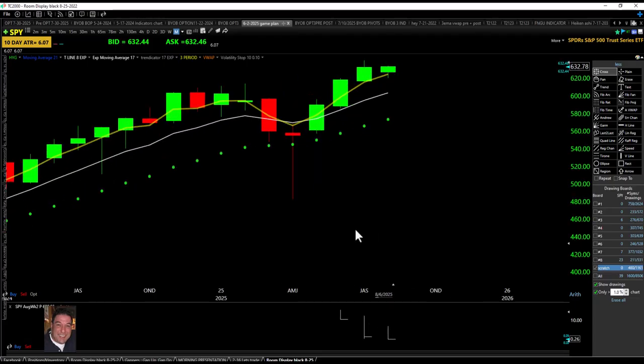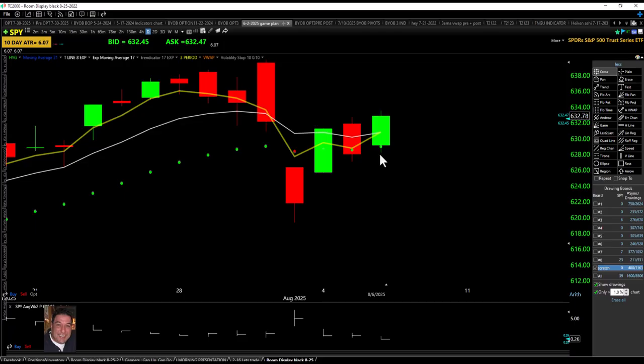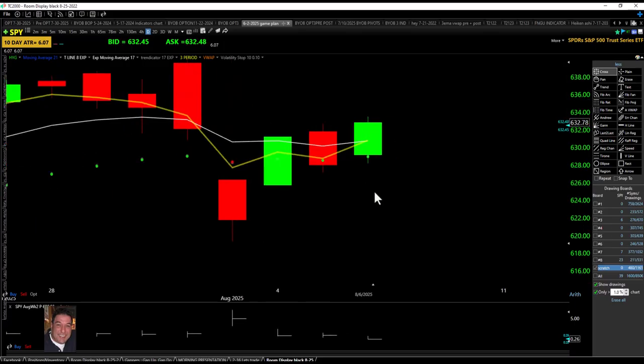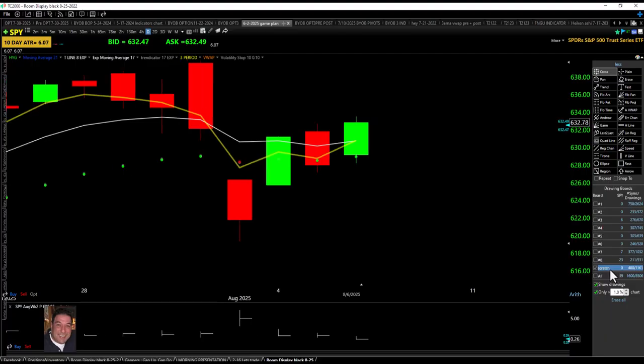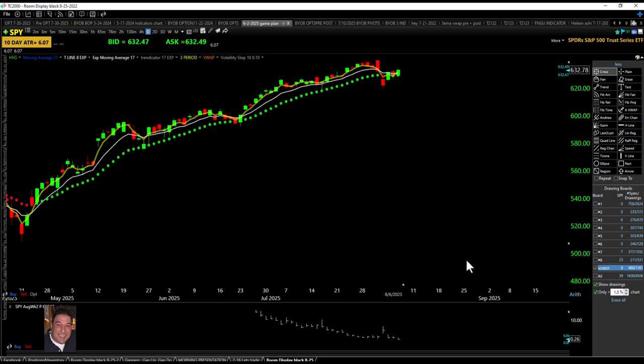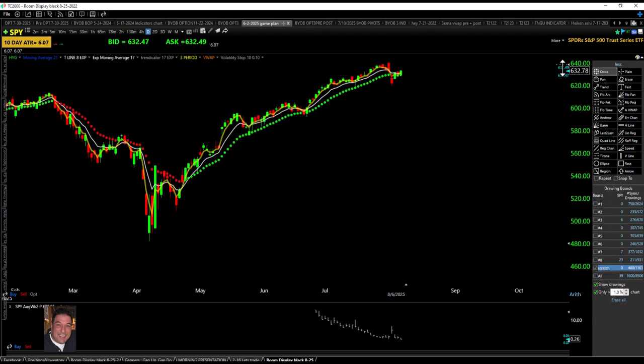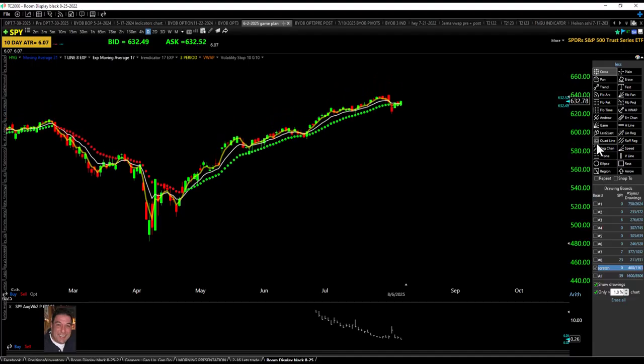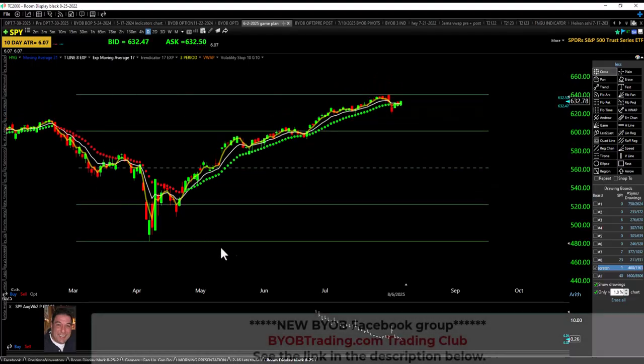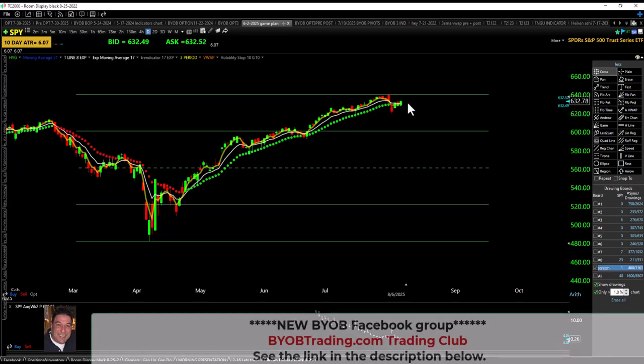Let's take a look at the daily chart, see what we got. You got a higher low and a higher high. You're closing over a bullish cross and over the 17 EMA. If we look at it with the quadrant lines on there, I'm going to put those in real quick. We're up at the top of quadrant 4.